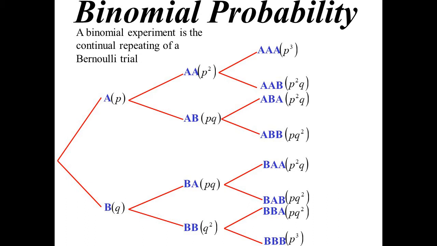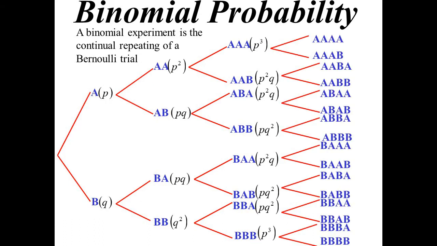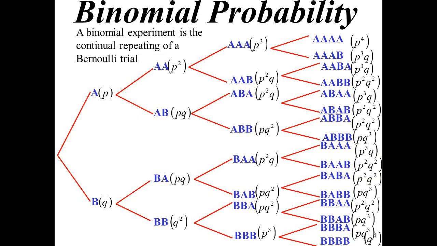Now, you might not see it yet, so let's do it a fourth time. If each one of those branches out, now AAAA, AAAB, I won't read them all out. We're all the way down to BBBB. The probability of each of those, well, P to the power of 4, P cubed Q, P cubed Q, P squared Q squared, and so on down to Q to the power of 4.